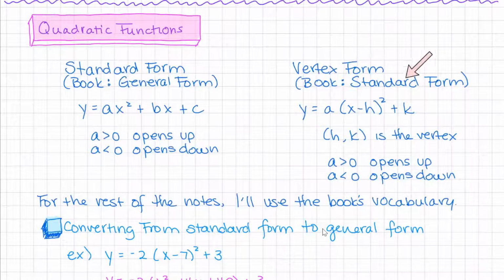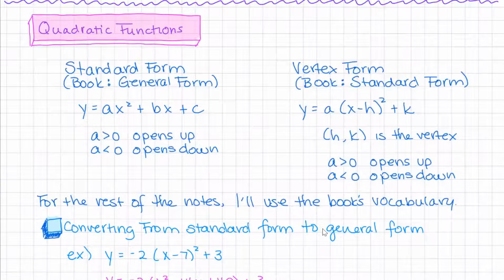But this textbook calls it standard form, and this is y equals a times x minus h squared plus k. And remember, this is vertex form because the vertex is right there. h, k is your vertex, but again, a opens up or opens down depending on if it's positive or negative. And this a, by the way, is the same value as this a. So when you're changing back and forth between the forms, this a will always be the same.